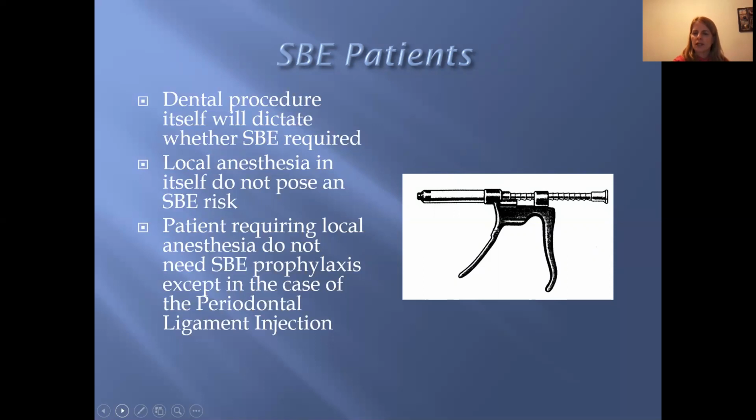Local anesthesia in itself does not require pre-medication, but if we were using a periodontal ligament jet injection, which is into the periodontal ligament around the tooth, that injection itself requires pre-medication for those patients who would normally have pre-medication. But usually the procedure that we're doing at that time as well would also warrant pre-medication. So you're not just doing it for your injection.